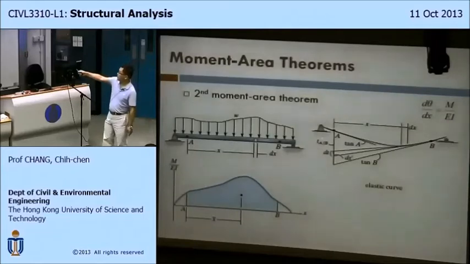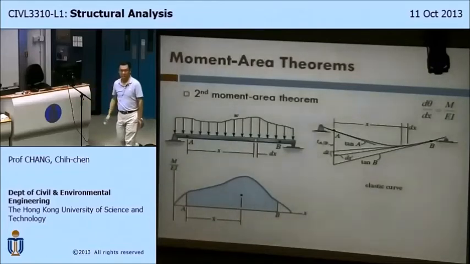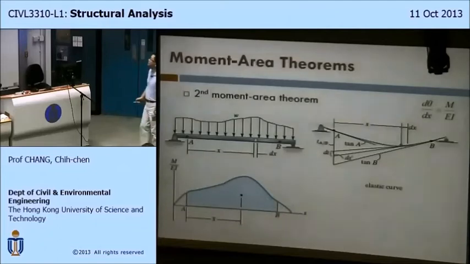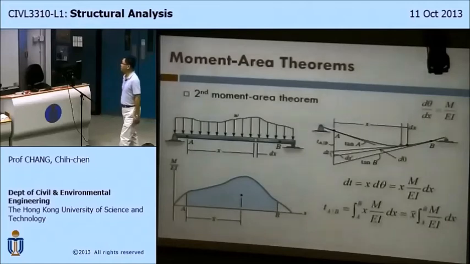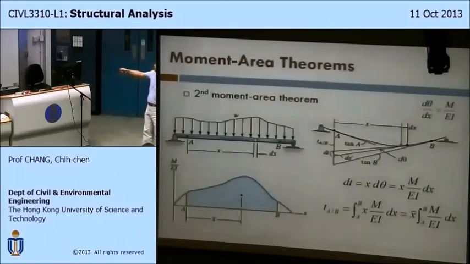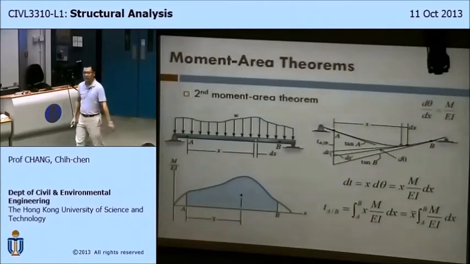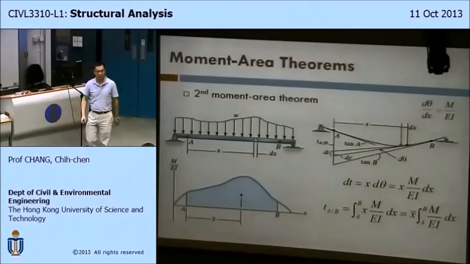This t A/B can be obtained from calculating the centroid, measured from A, of this area, times the area itself. This is what it boils down to, this equation. You can use some sort of integration or calculus concepts to obtain such a relationship.